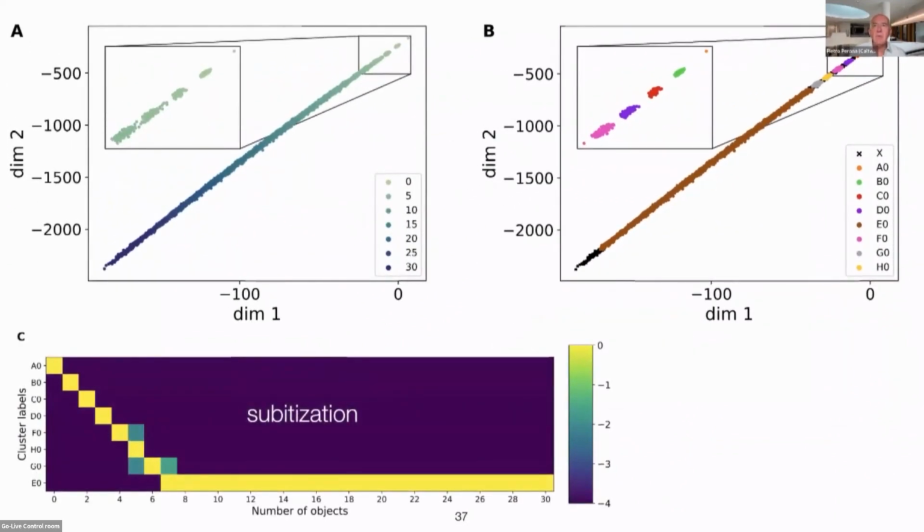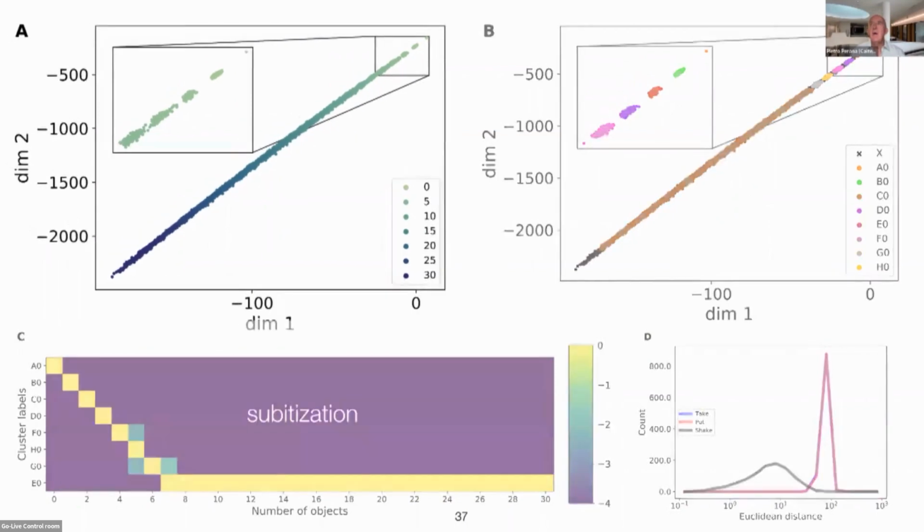I don't have the time to go through these pictures in detail, but the top right island, which is here, contains only 0 objects. The green island contains 1 object. The scenes that map here contain 1 object, 2 objects, 3 objects, 4 objects, up to 6, and then it's many, if you will.